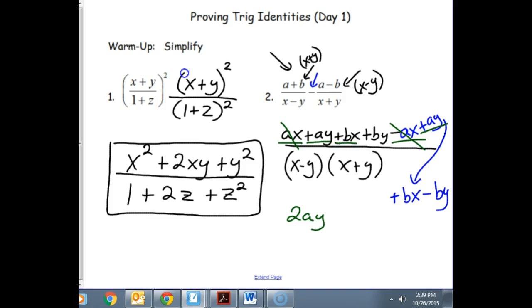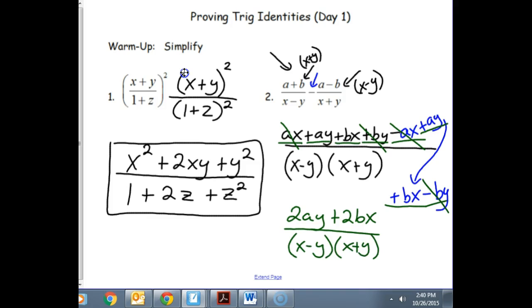I have a positive bx and a positive bx, so I have a plus 2bx. And then a positive by and a negative by, so those will cancel out. Can anything actually reduce? No, because they are binomials and they have to be exactly the same to be able to reduce. So there's my answer.